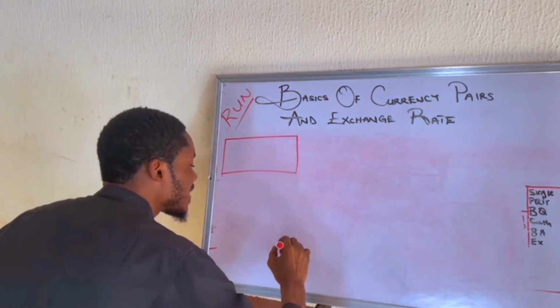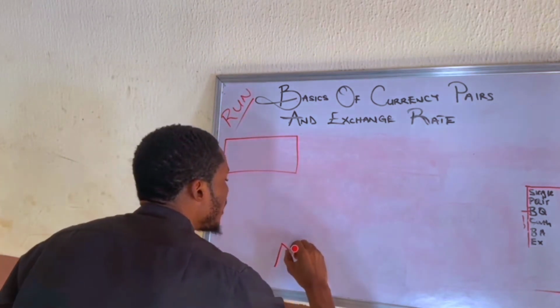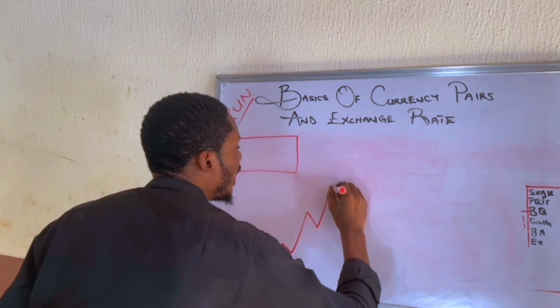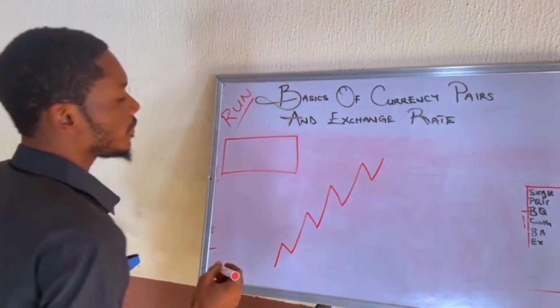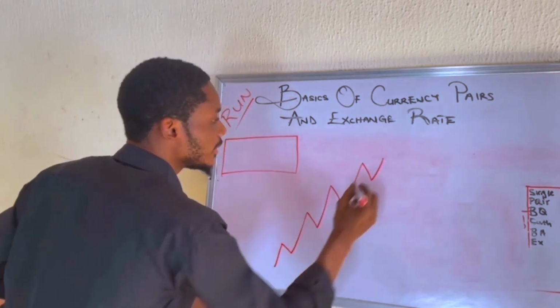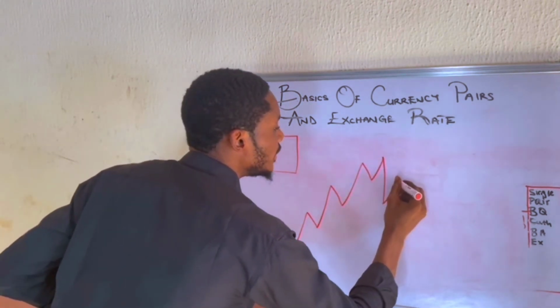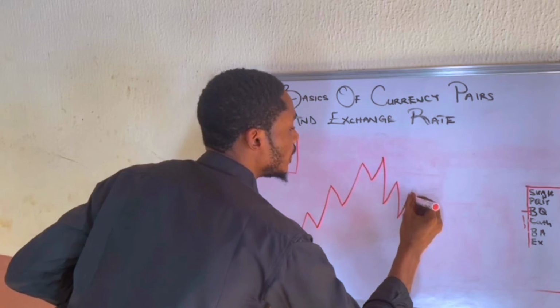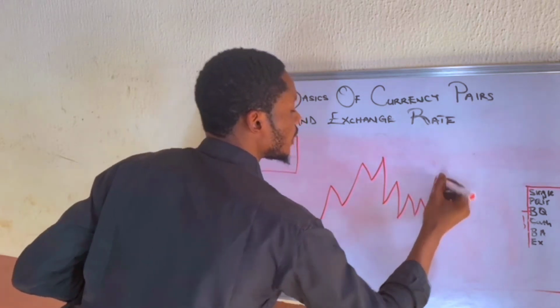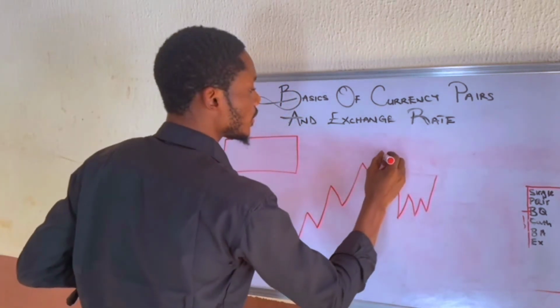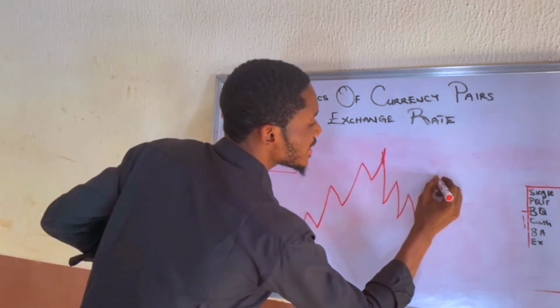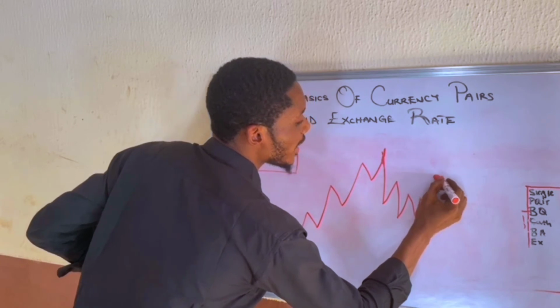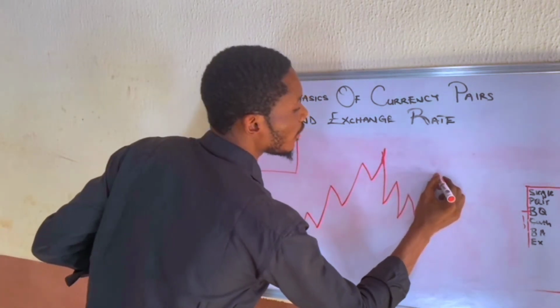And this market has been moving. You see your market moving like this, right? Good. Now, this is the particular zone where this market is at the moment.